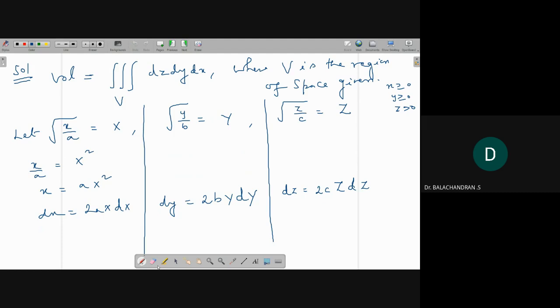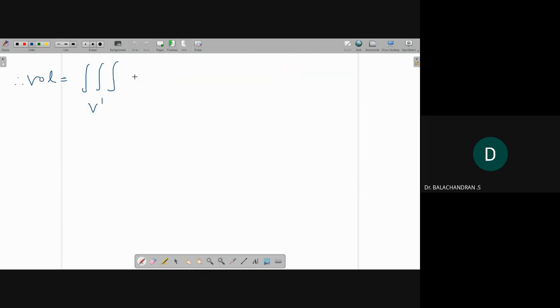That is the region of space V. But here the region of space is capital X greater than or equal to 0, capital Y greater than or equal to 0, capital Z greater than or equal to 0, and capital X plus capital Y plus capital Z less than or equal to 1.